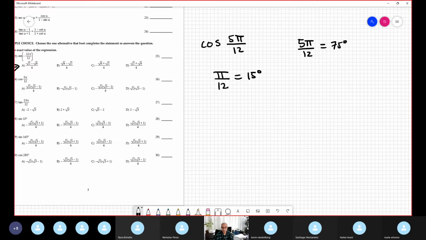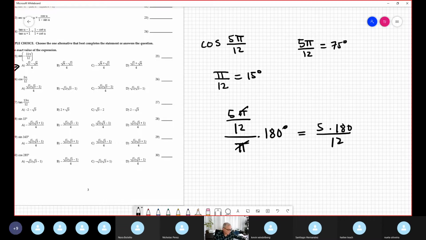Remember, guys, the formula, not necessarily doing that way. I do use intuition, no? But the formula is you divide by pi and multiply by 180. This pi is cancelled, and I stay with 5, 180, and 12.